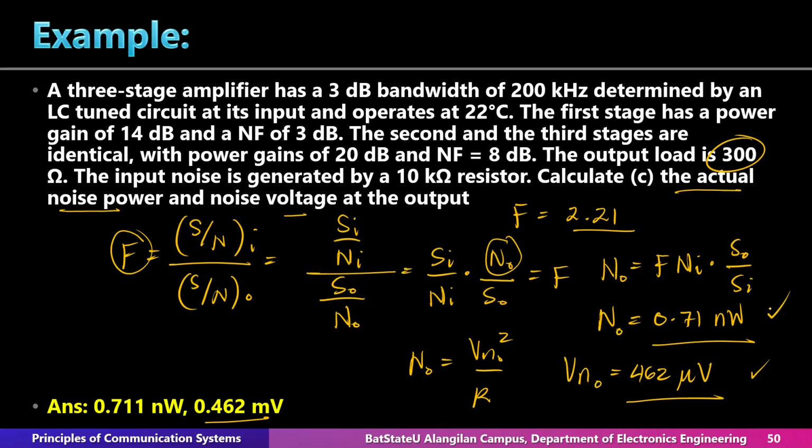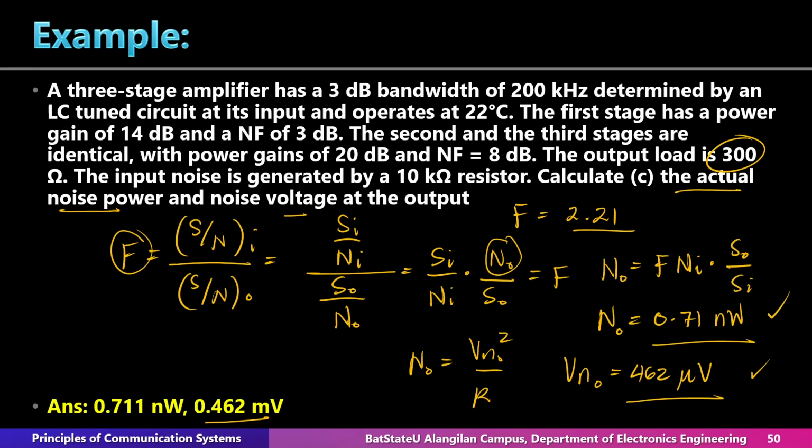Okay? So, ayun po, medyo mahaba yung solution dito sa problem na ito kasi marami yung hinahanap. Meron tayong ABC. No, kanina, sa letter A, kinonsider natin na siya ay noiseless. And, since ito ay may noise figure, sa letter C, kinuha natin yung actual noise power sa output. No?